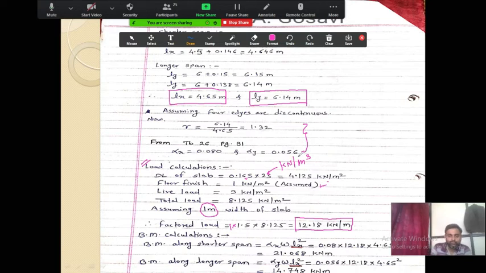Now we know the span, we know the load. This is the total load, 12.18. We know the effective span: in x direction it is 4.65, and in y direction it is 6.14. Now we will come to this part. In the case of a two-way slab, you need to see the different end conditions.